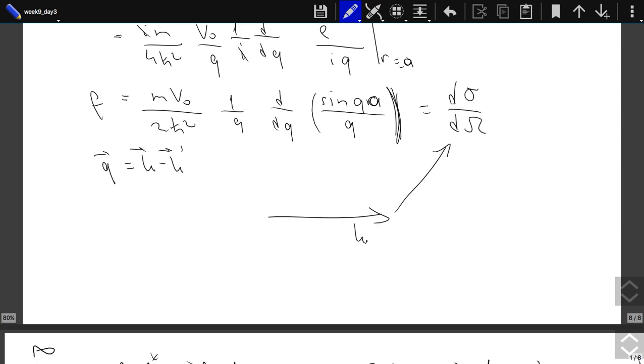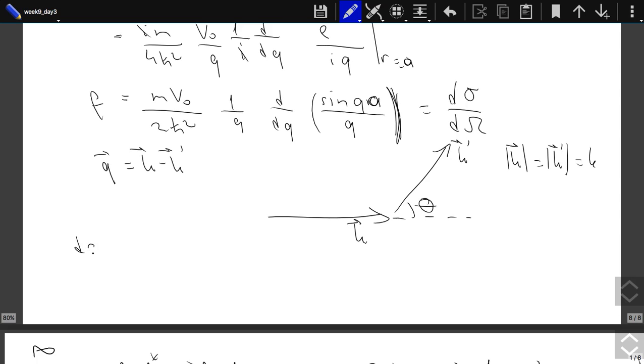This is our k, this is k prime. k is equal to k prime in magnitude. And there's an angle theta between the two, the scattering angle. So there is an angular dependence, although it's not explicitly seen. Most of the time, instead of writing in terms of the angles, you write in terms of q. But of course, you have to convert the angles in dσ/dΩ into expressions involving q also.